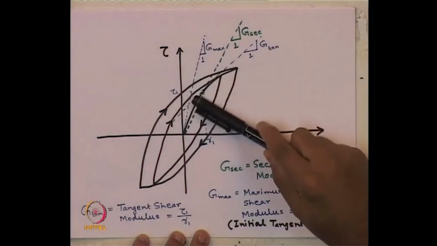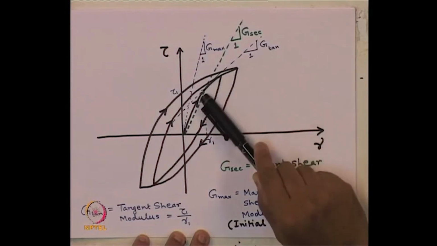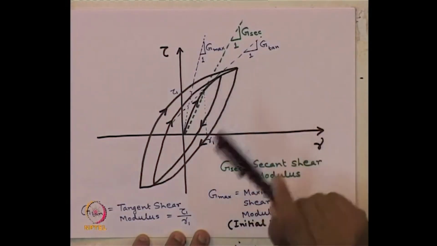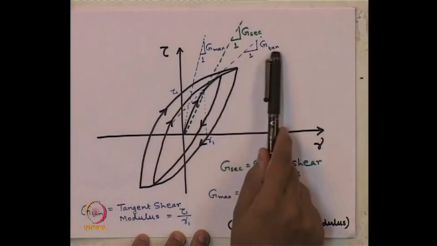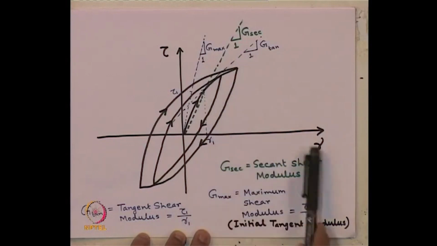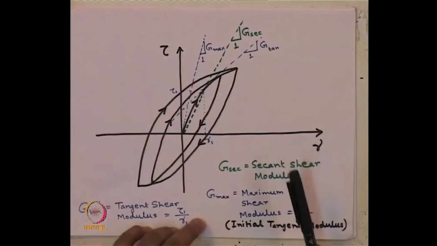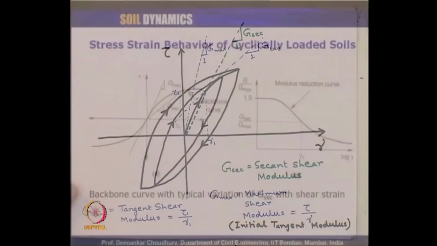G max keeps on decreasing, and at each shear strain level we get some lower value than G max. So, another way to represent the ratio or reduction of the G value with respect to shear strain is by using the modulus reduction curve.